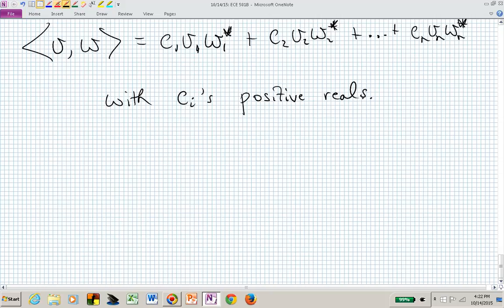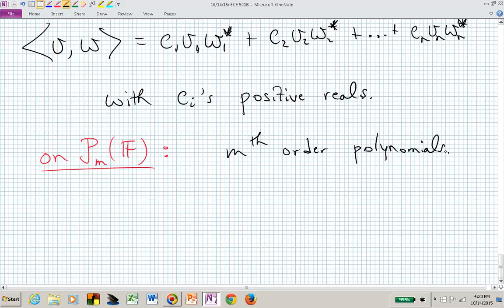What about on P sub n, the nth order polynomials?